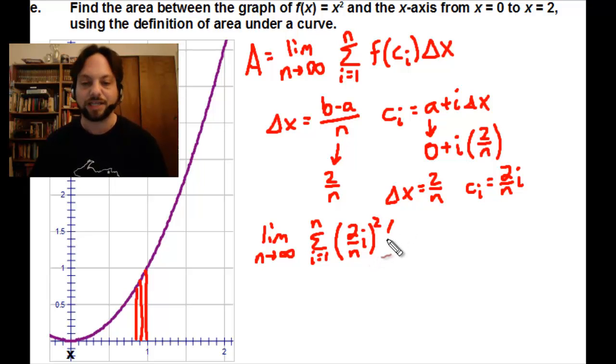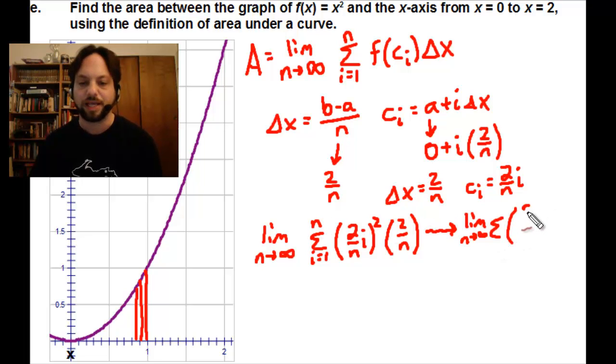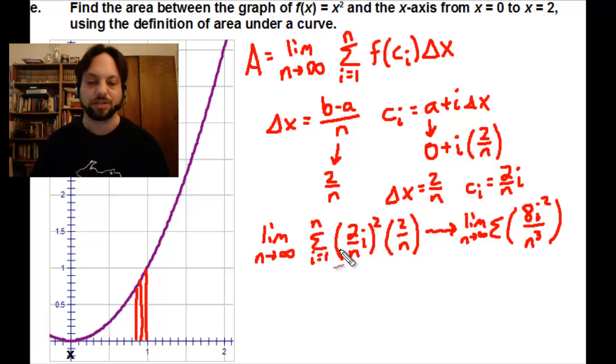And then delta x, as we've already discussed, is simply 2 over n. Now, let's go ahead and expand that a little bit. Basically, what we're going to have is the limit as n approaches infinity of the sigma of, well, let's work this out. This is actually going to be 8i squared all over n cubed. So that's really what this comes out to be.